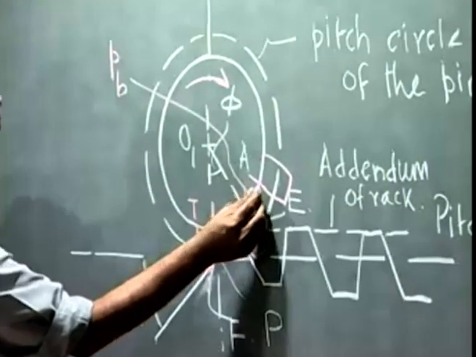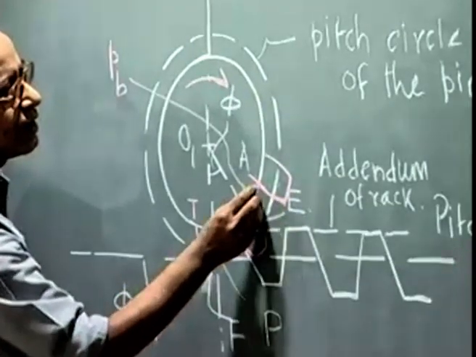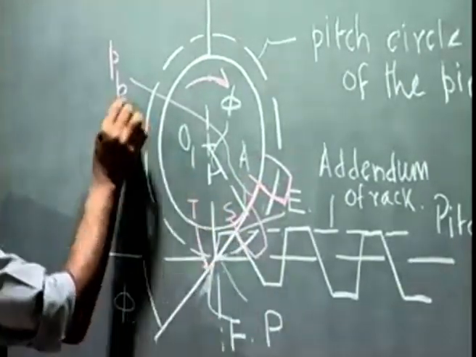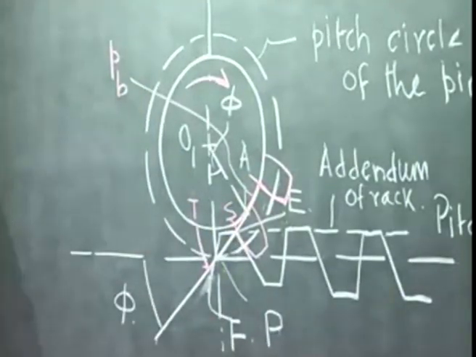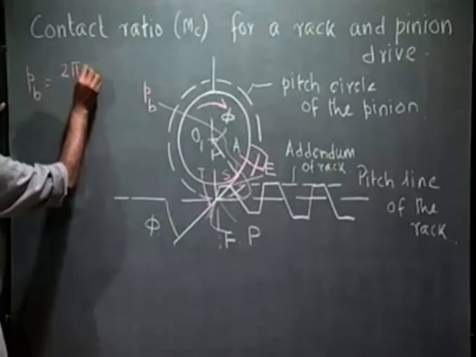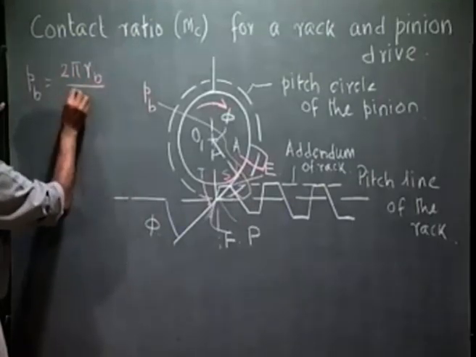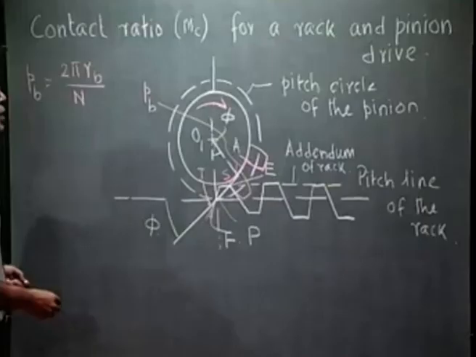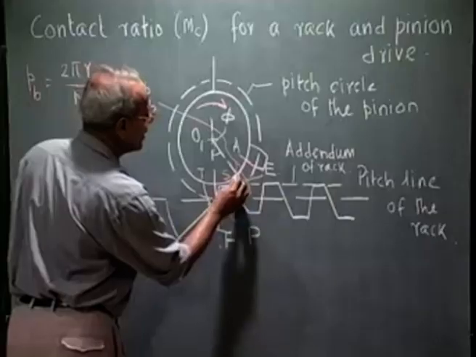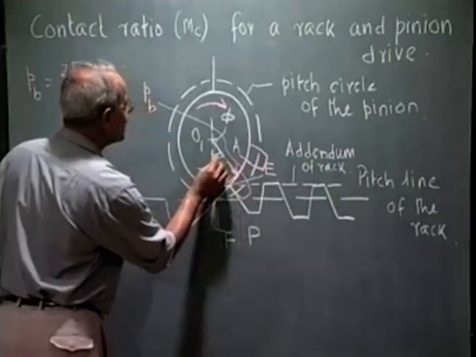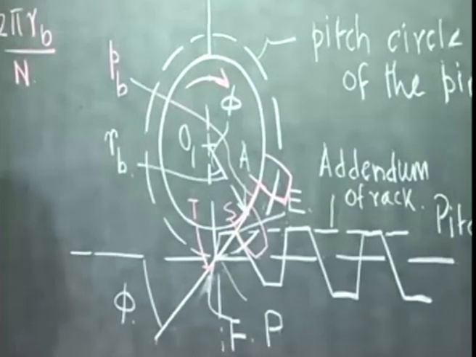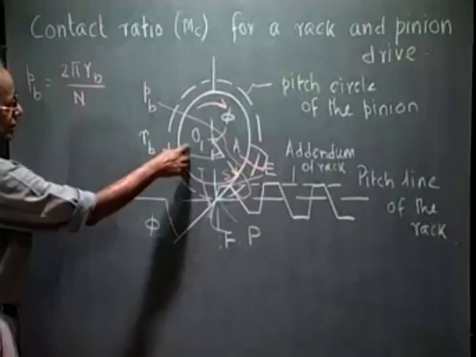The distance between two adjacent teeth along the base circle, that means from this point to this point, is what we call PB. An expression for PB we have used last time, which is 2 pi RB divided by N, where RB is this base circle radius, OA, and N is the number of teeth on the pinion.